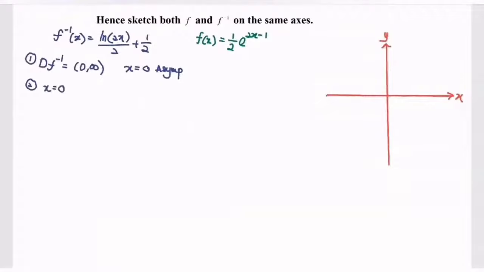We already state that x equals 0 is the asymptote, means that we are not allowed to substitute the 0. So if you still want to substitute the 0, we will have y equals ln 0 over 2 plus 1 over 2. So if you press the calculator, it will show you undefined or math error. So means that there is no value or any point at x equals 0.